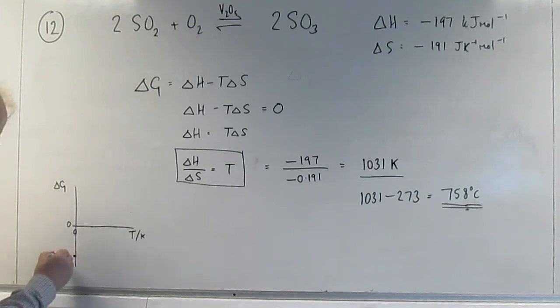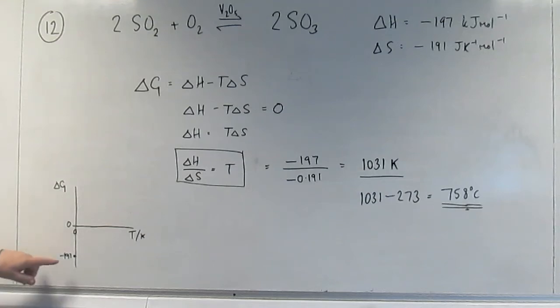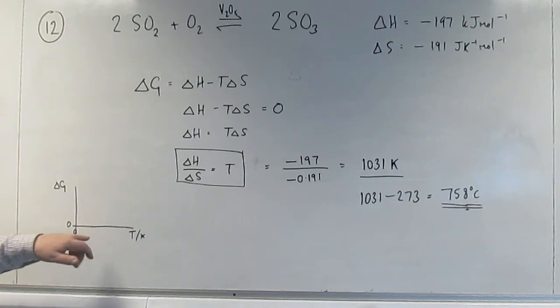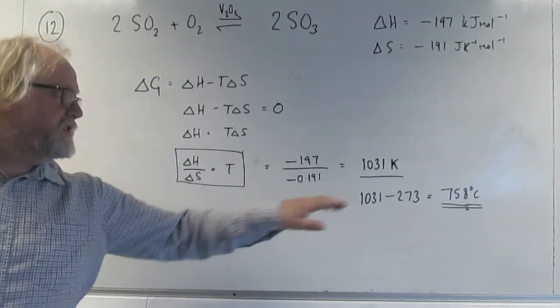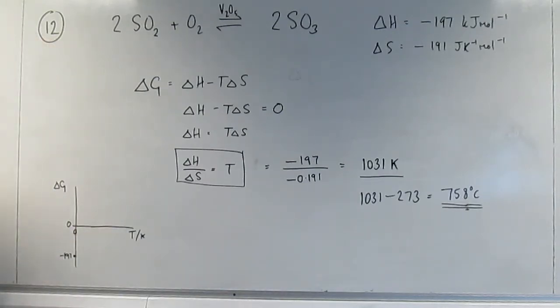So it's very negative, and therefore very much feasible at absolute 0. We also know that at 500 degrees C it's still feasible, because delta G was still negative when we calculated that. But when we reach 758 degrees C, which is 1031 Kelvin, it reaches 0.